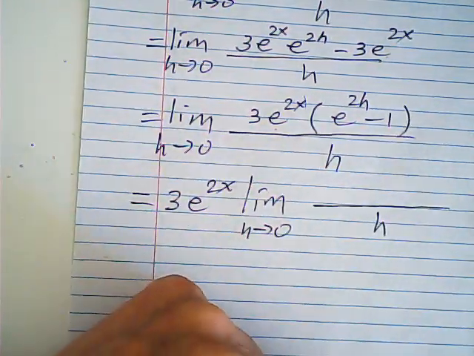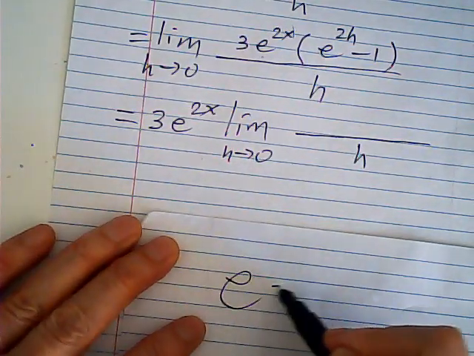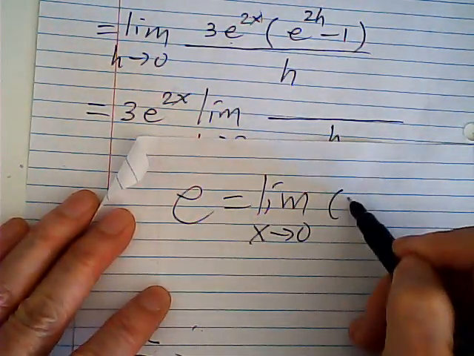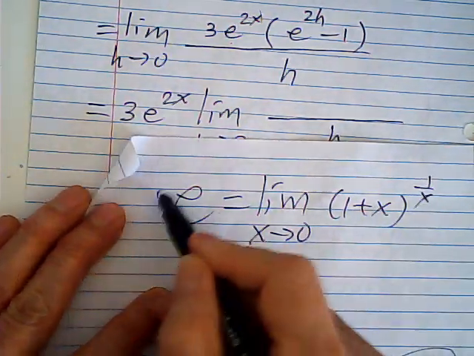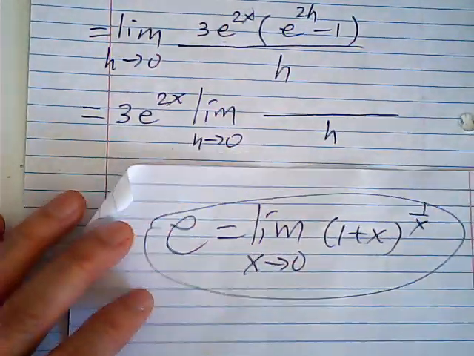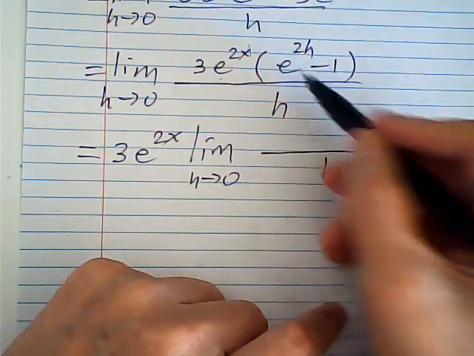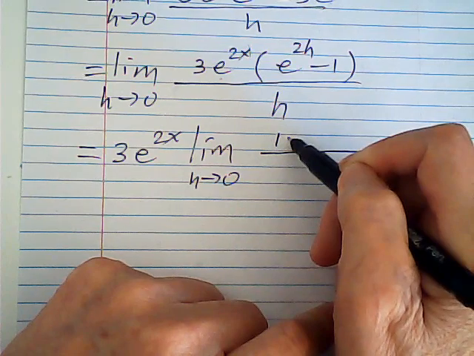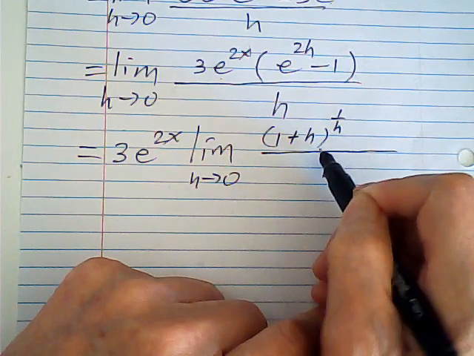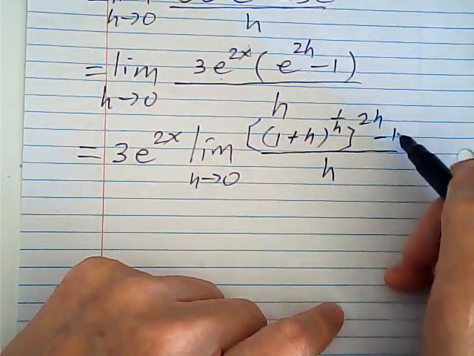E is this limit: as x goes to 0, 1 plus x to the 1 over x. That is e. So I'm using the definition of e. This is 1 plus h to the 1 over h. That is e. E to the 2h minus 1.